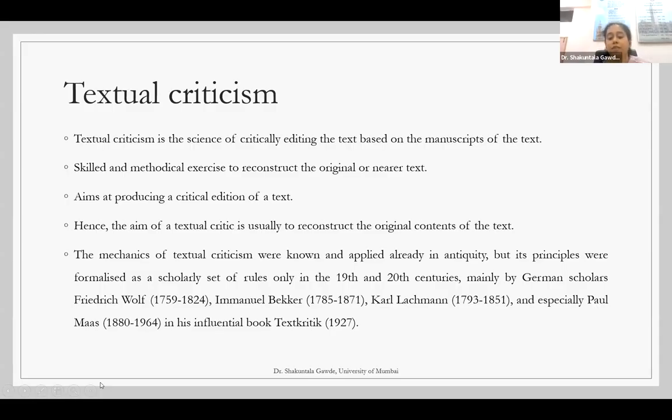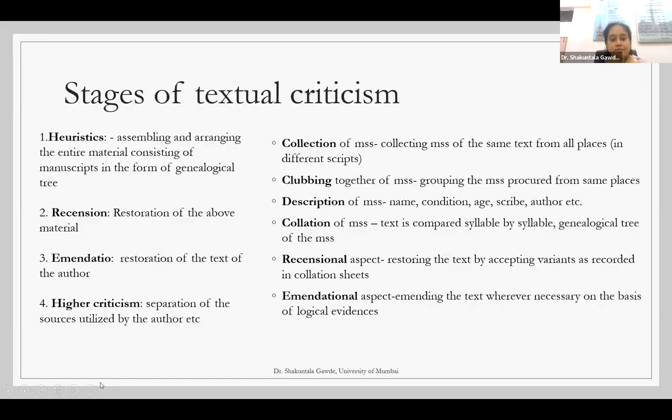And this methodology, we know that these principles of textual criticism were formalized in 19th, 20th century by German scholars. And on the basis of that, of course, those principles were developed and revised. Some of them were adopted even for the critical editions of Ramayana or Mahabharata that we can see.